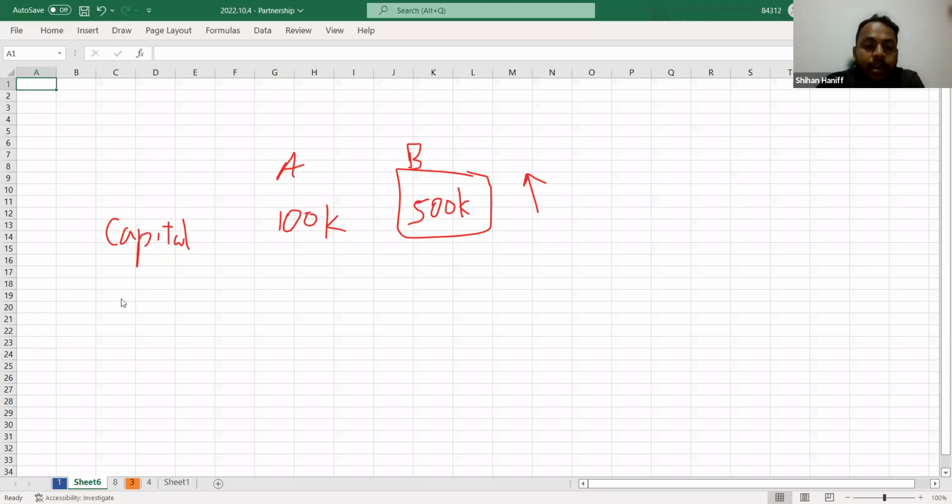And let's say the involvement, how much time they involve or contribute to the business. Say partner A contributes, let's say 8 hours into 5 days into 20 days, 800 hours a month. He's a full-time. He gives his full commitment, full time to the business.